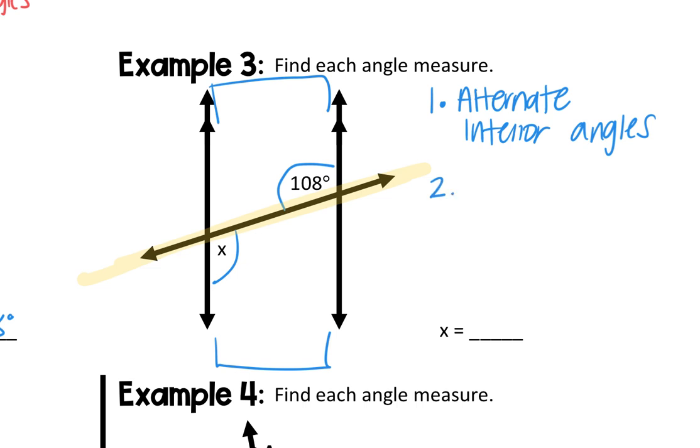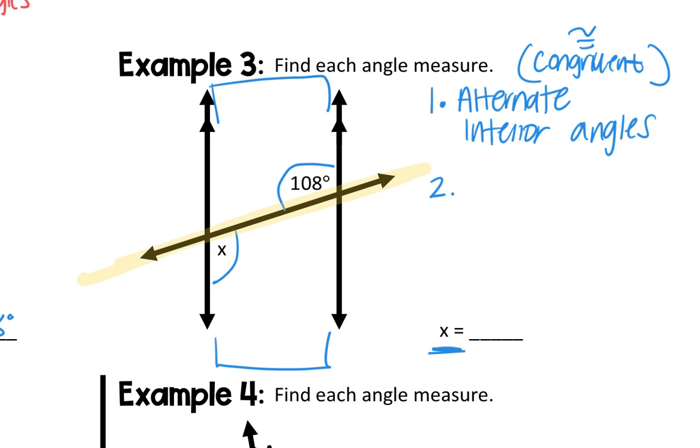Number 2, solve. Okay, I am trying to solve for X, right? That's what I'm looking for. Now, I do know one of them is 108, and the other one is what I don't know. But remember that alternate interior angles are congruent angles. They are the same, right? They're equal.